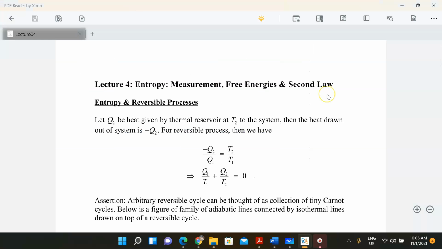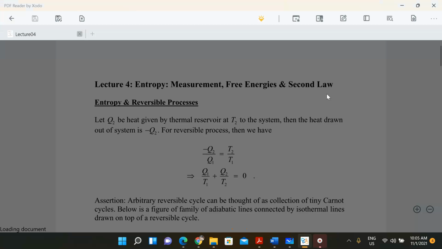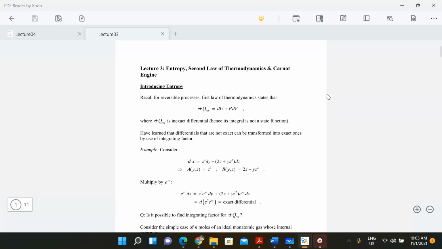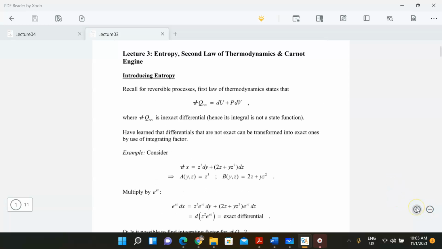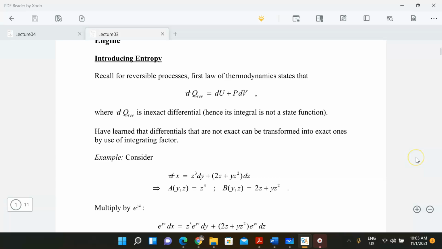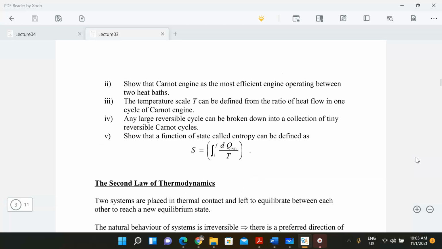So let's recall lecture 3, what we did there. So we defined entropy using some integrating factor previously.